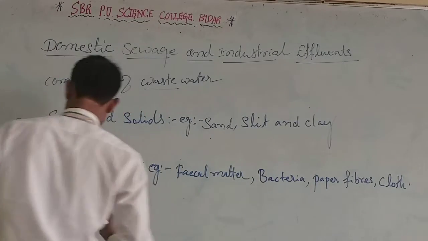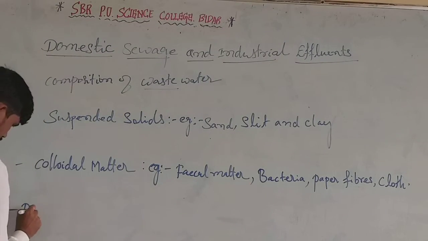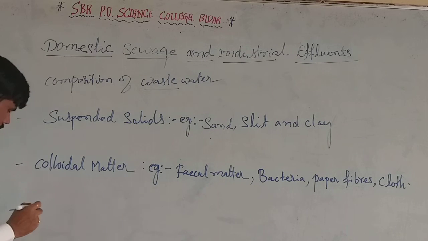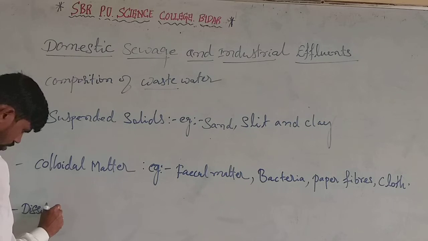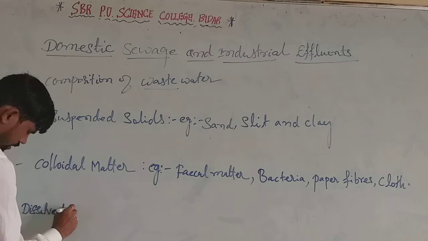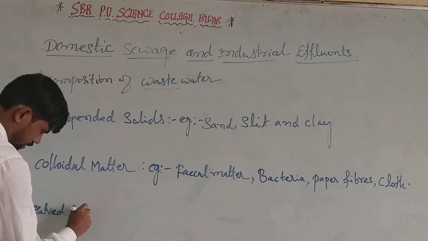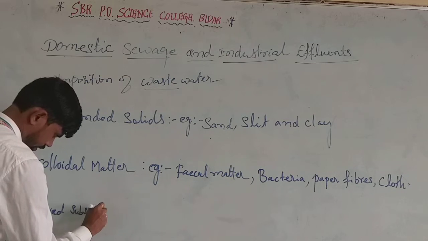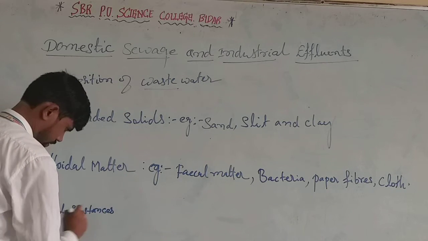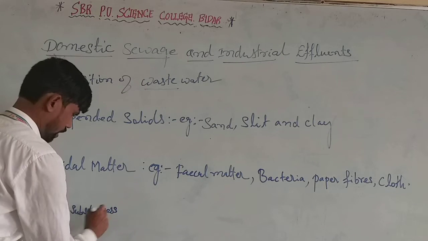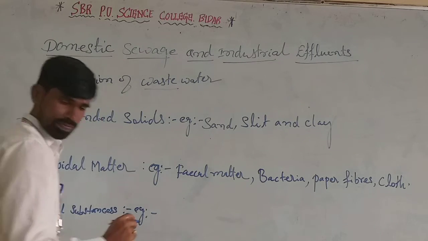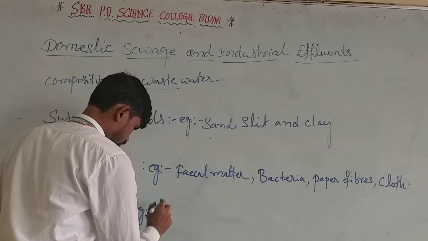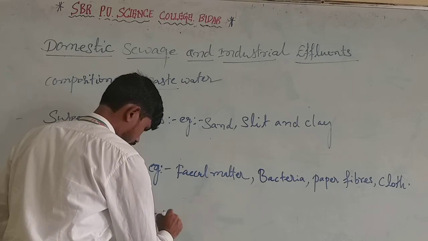Then dissolved substances. Dissolved means it is present in wastewater. Examples of dissolved substances: nutrients.